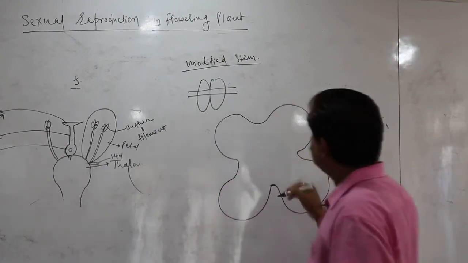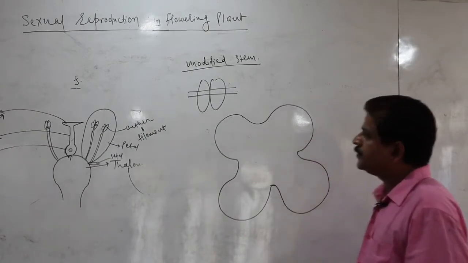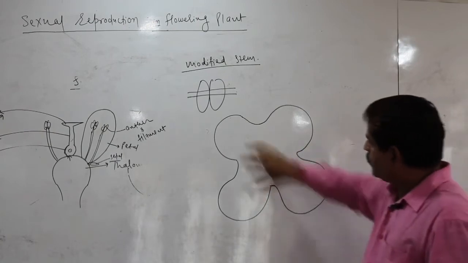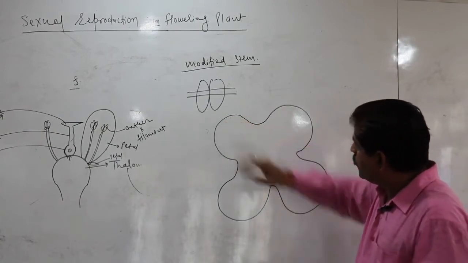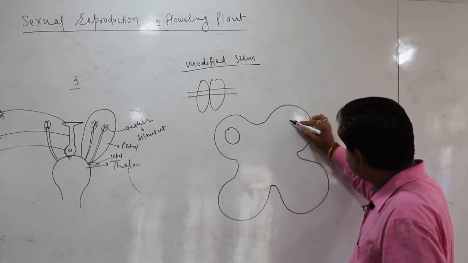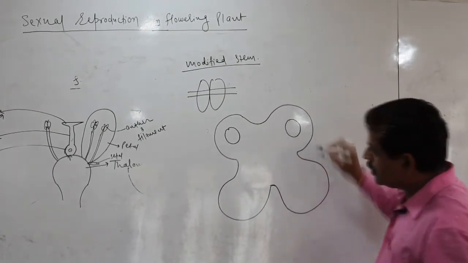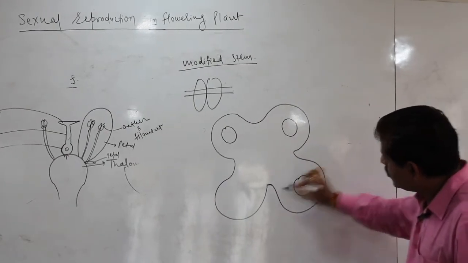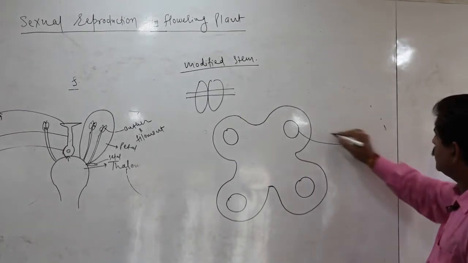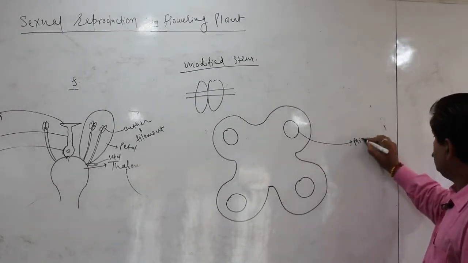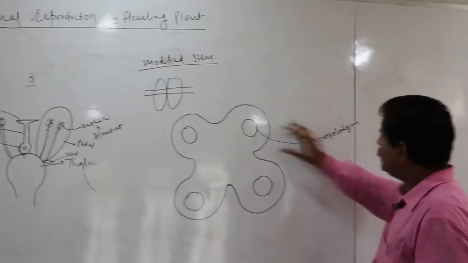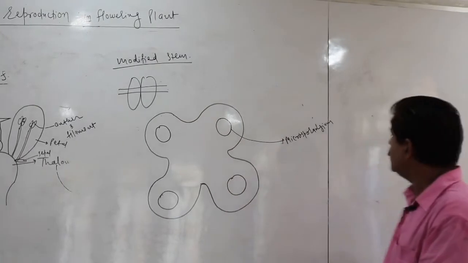This is the transverse section of anther. It consists of four microsporangia. This circular structure is a microsporangium, similar to the sporangium. All the four are called four microsporangia.